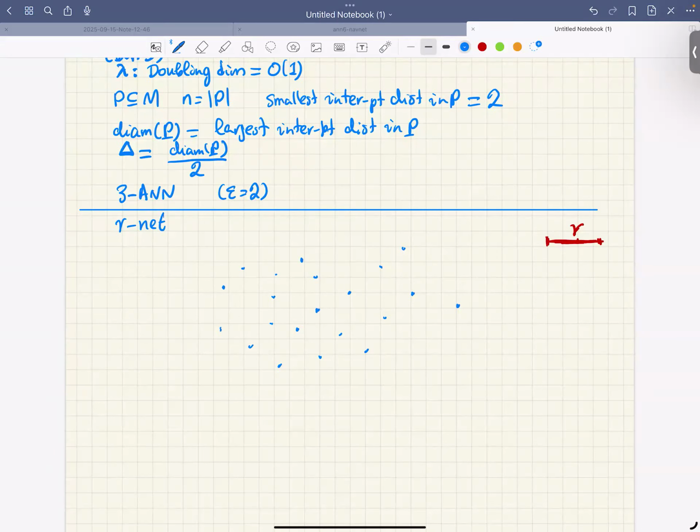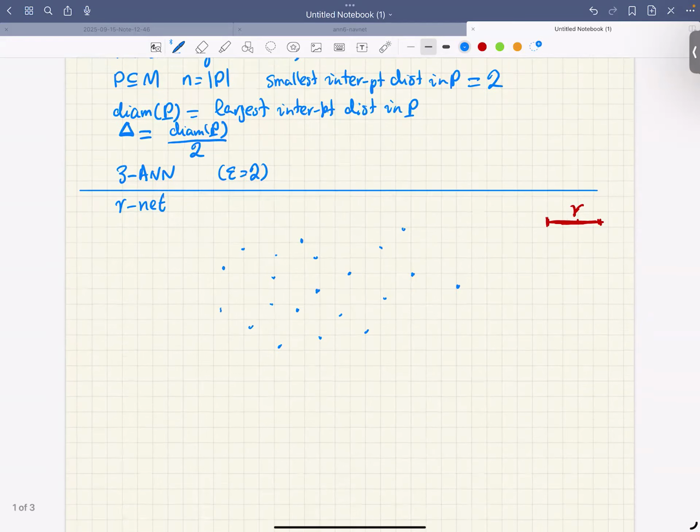This summary will have to be at the order of R. At a very high level, that's the idea.